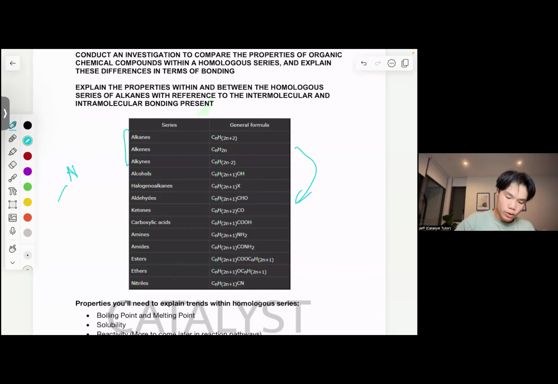It's got 1, 2, 3 bonds to H, but it also has a lone pair on top. So it doesn't matter what is bonded to the atom in the middle, as long as it has those bonds, you count them as bonding groups, and you count the lone pairs as well to figure out what kind of geometry this is. This is trig pyramidal.